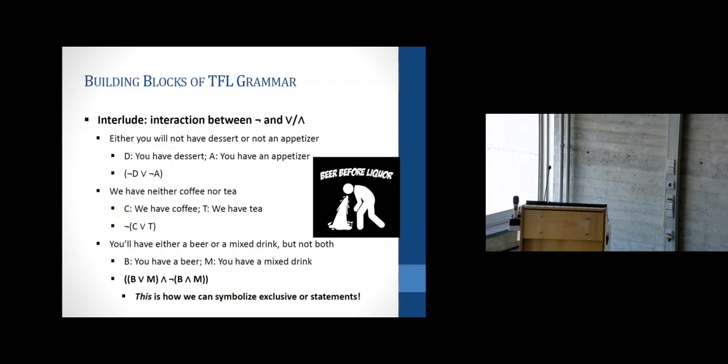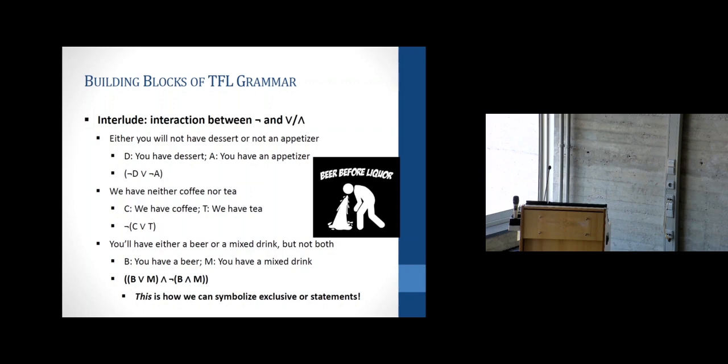I'm just saying why add the B or M? You can just drop that, right? No, because by itself it's possible that you don't have any of them. You don't have beer and you don't drink alcohol at all, so you don't have both. This says that you will have one of them, and this says you will not have both.